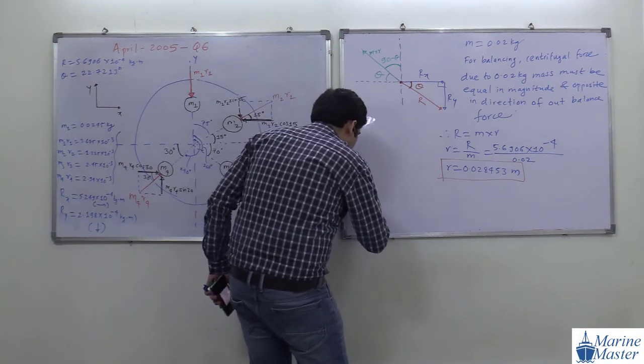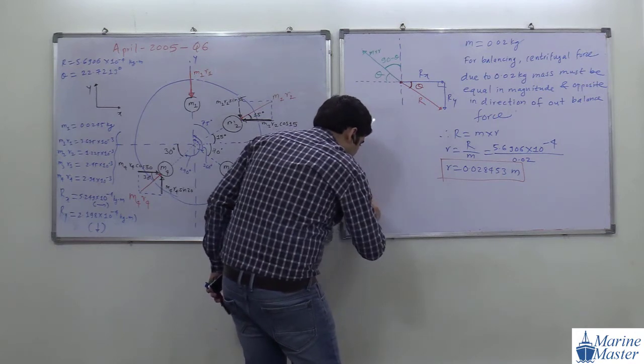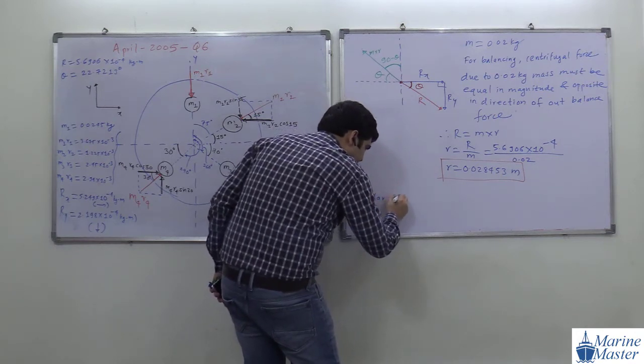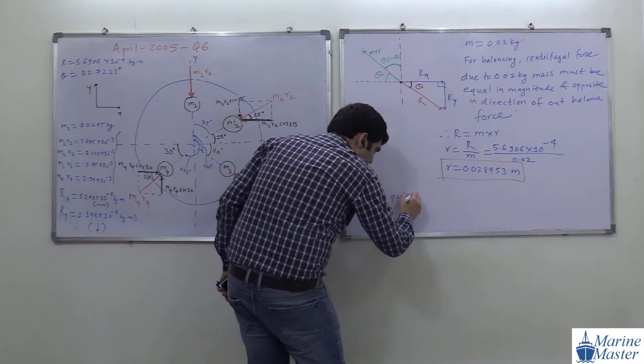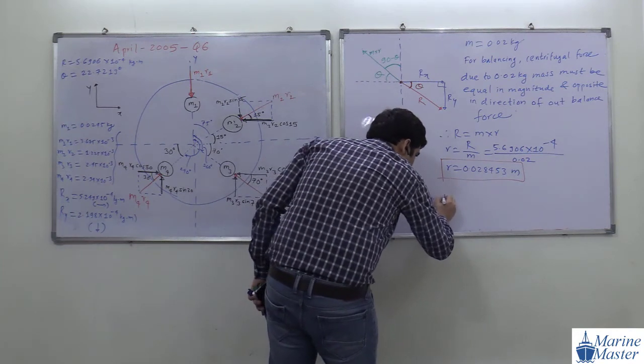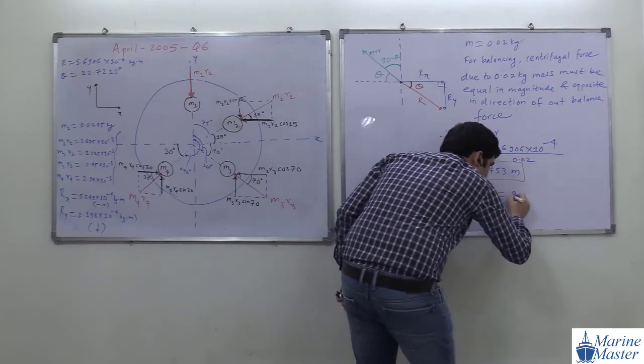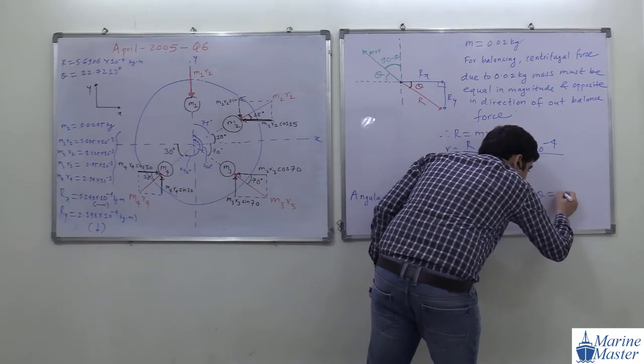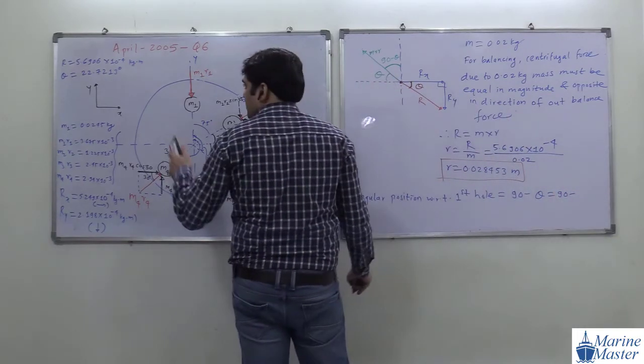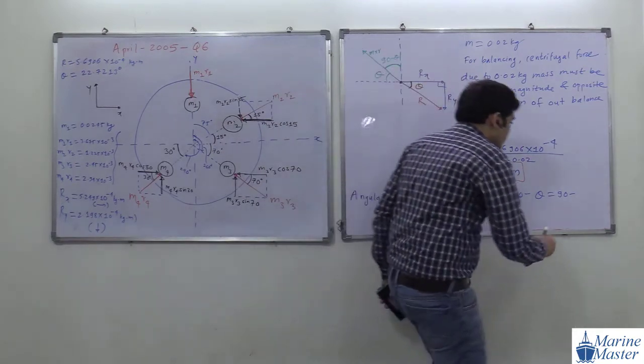So this is the radius, and the angular position with respect to first hole will be 90 minus theta. Theta is 22.7213.